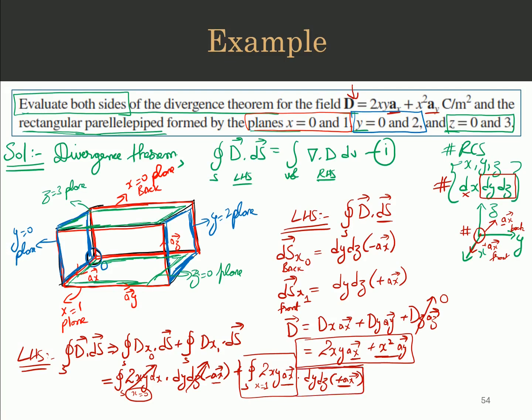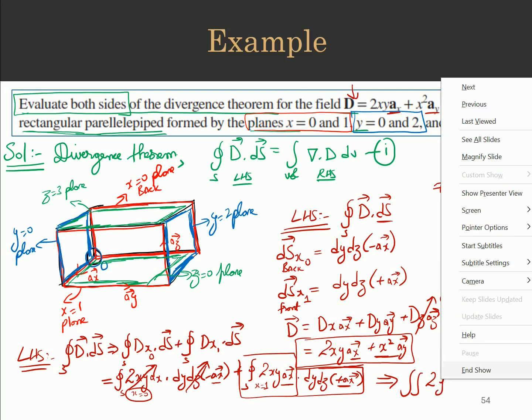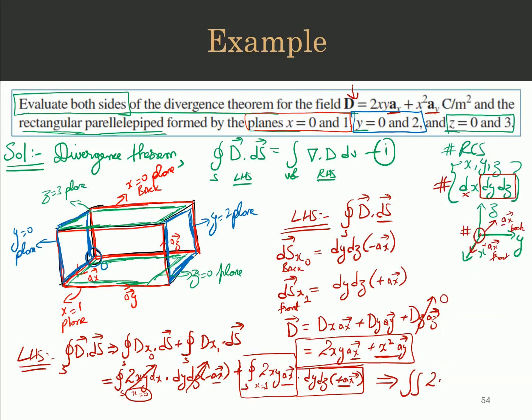So I can say my left hand side, I will be left with the double integral of 2y, and because the value of x is 1, I'm just left with 2y, and the values will be dy and dz. The limits for y and z are: y is from 0 to 2, so this integral is from 0 to 2, and z is from 0 to 3. So this is the integral that I'm getting.